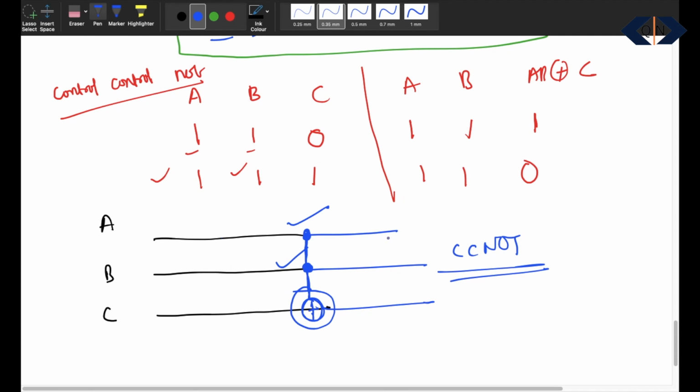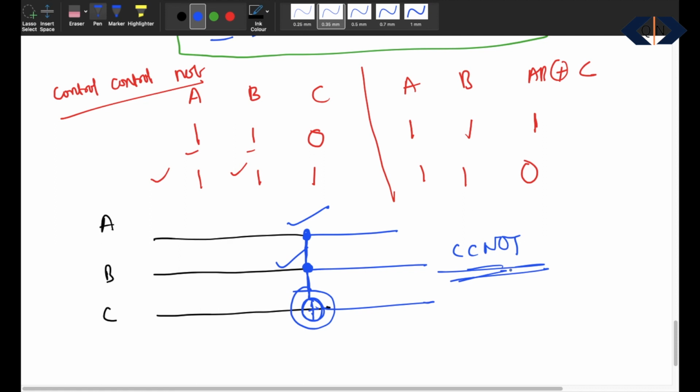This CC NOT gate will be utilized when we work on quantum as well, because there are several conditions where we will be applying the control NOT gate. That's why I am covering this classical computation.